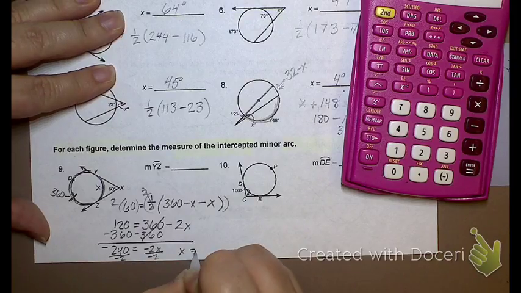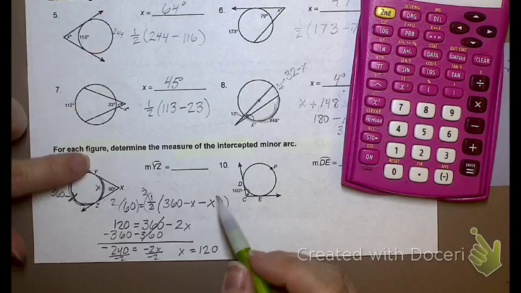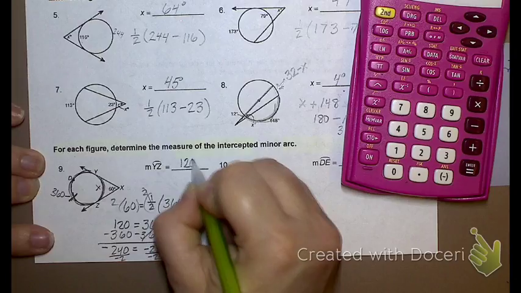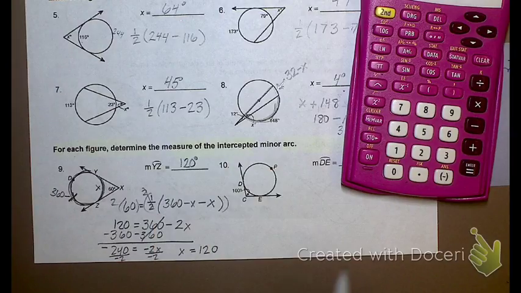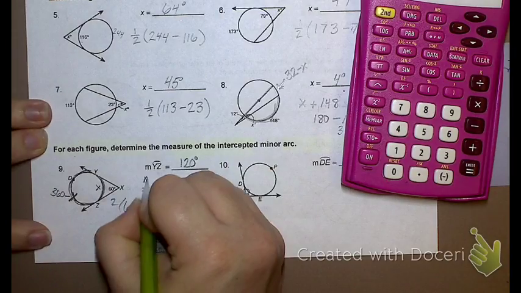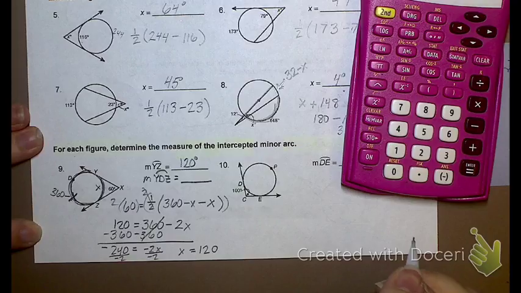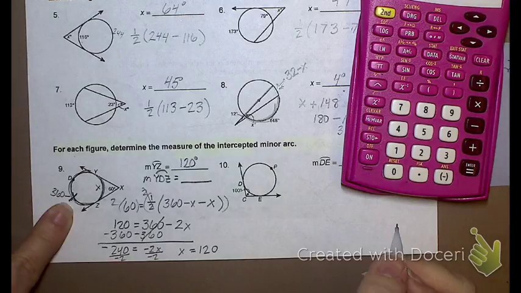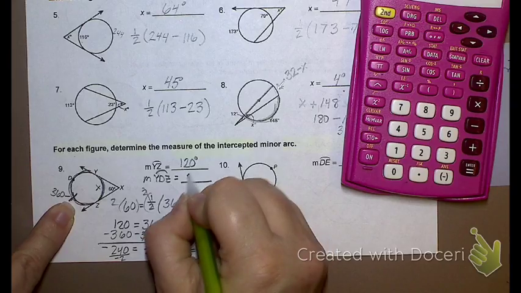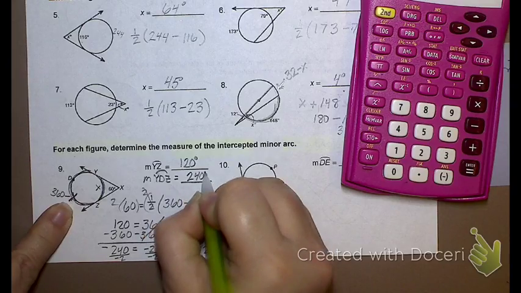Positive 120, so the measure of arc YZ is 120 degrees. Now, if they asked you what the measure of arc YDZ was, what would that answer be? 360 minus 120, which would be what? 240, if they asked you that.